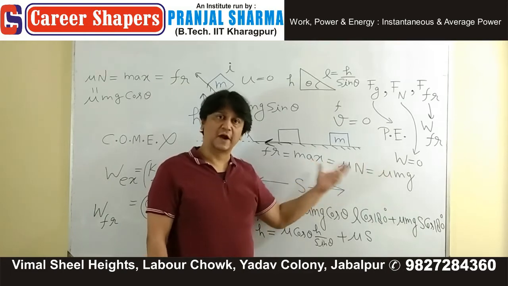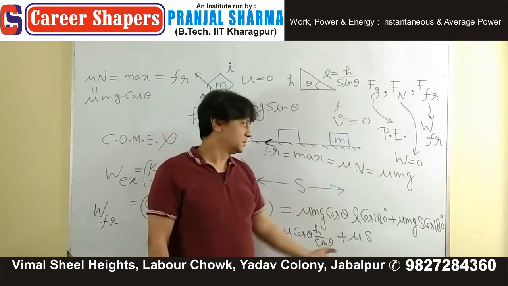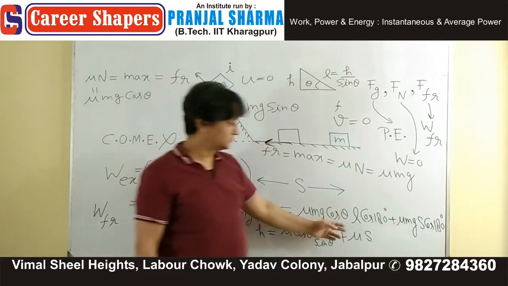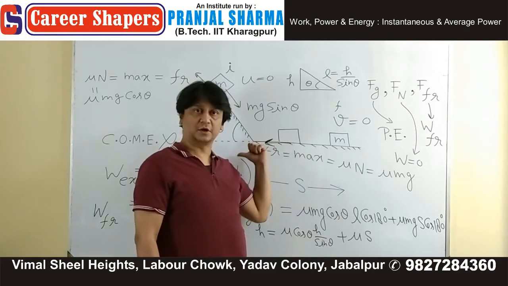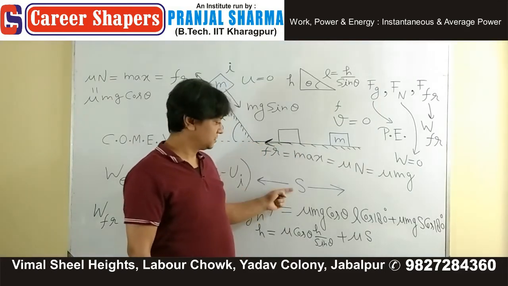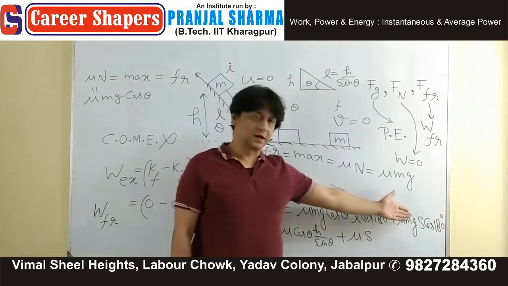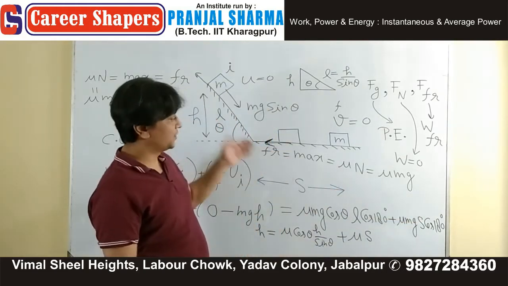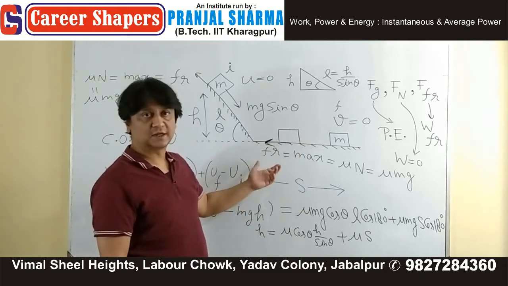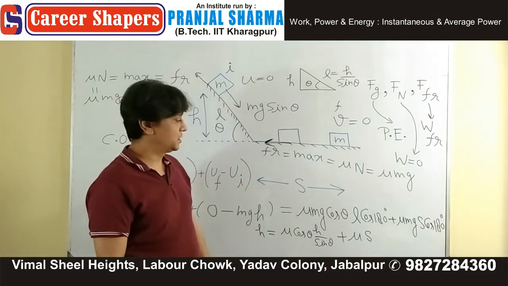So we are finding work in two parts. For this, friction is in this direction, displacement, the angle is what? Cos 180. अब यहां पर हो, फ्रिक्शन का डिस्प्लेसमेंट के साथ क्या एंगल बना हुआ है? 180.